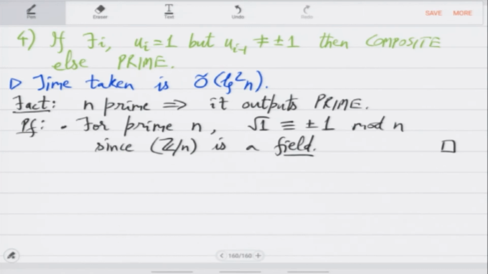Okay, so the main thing that we have to show and analyze is what happens when n is composite, and this algorithm outputs prime. What is the chance of that?